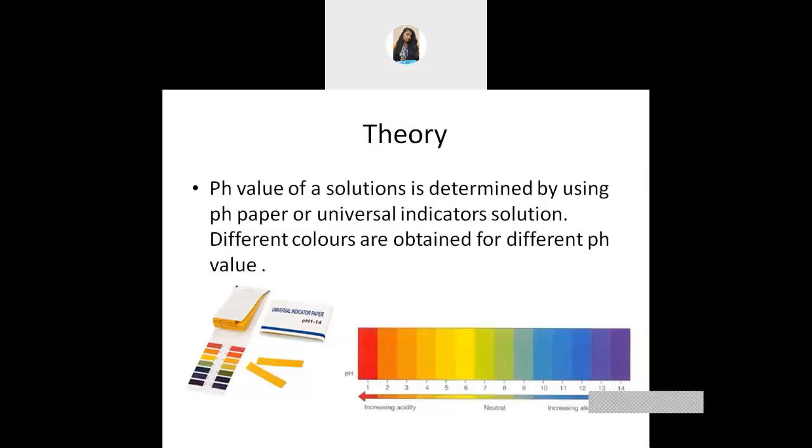If the solution is basic, then the color of the pH paper will turn blue or light blue. So you can say that the solution is basic in nature.